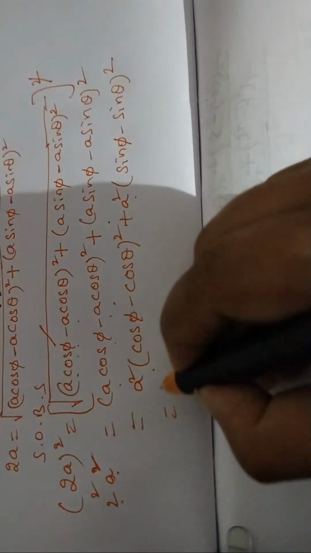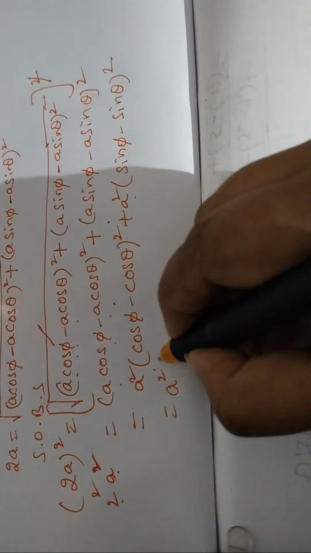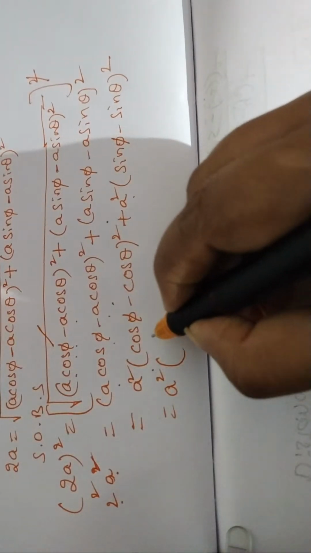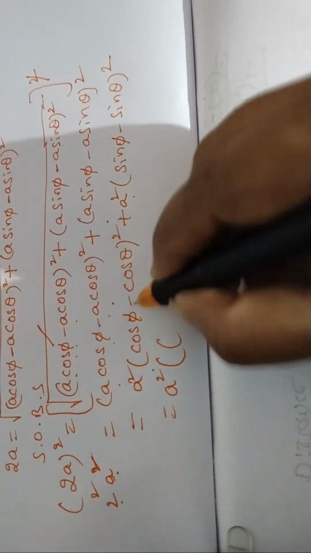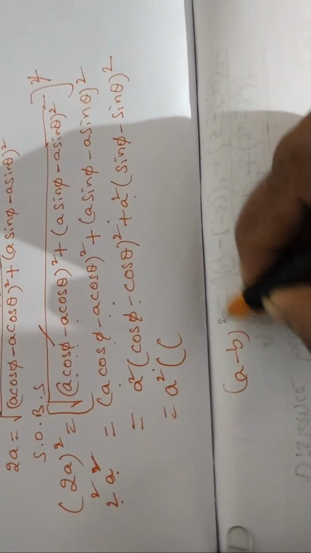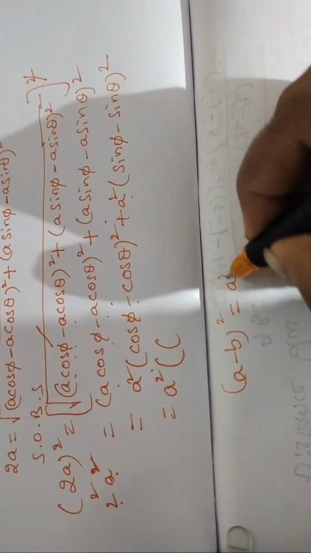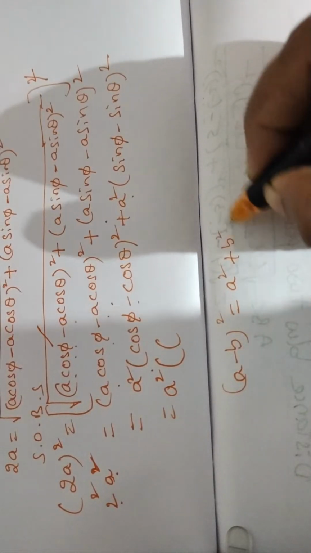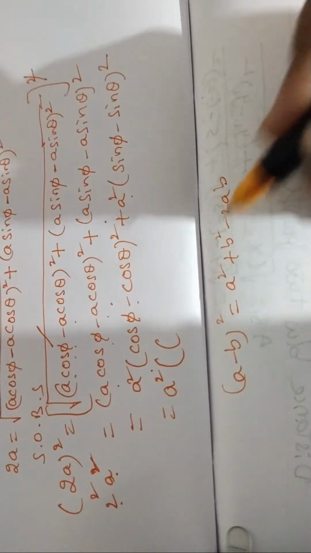Now here a square is there, here also a square is there. Finally, you take a square common. So I will write a minus b whole square. What is the a minus b whole square formula? A square plus b square minus 2ab. Now I will use this formula here.